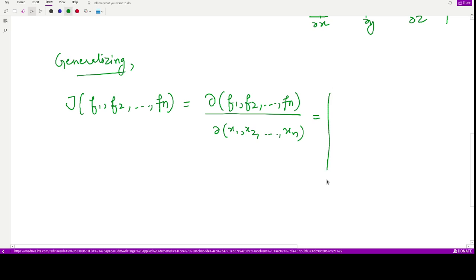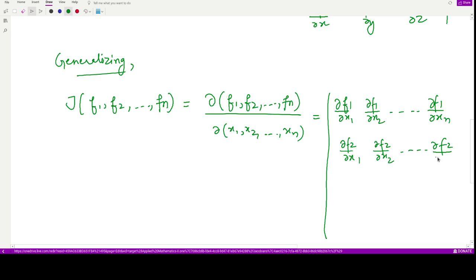This would be the determinant of del f1 by del x1, del f1 by del x2 up to del f1 by del xn, and then del f2 by del x1, del f2 by del x2 up to del f2 by del xn, and so on, up to del fn by del x1, del fn by del x2 up to del fn by del xn. This is the general formula.